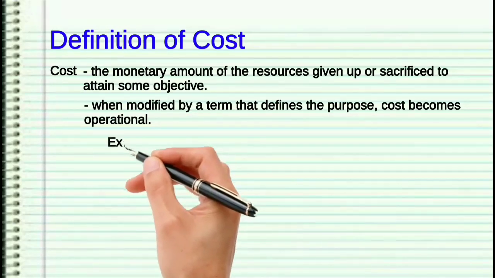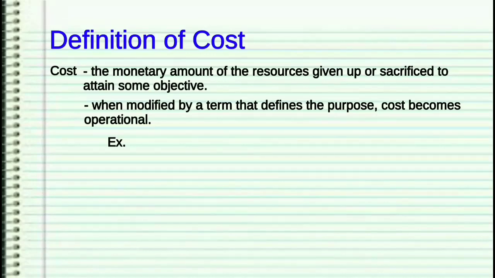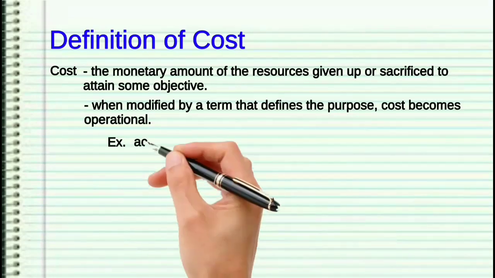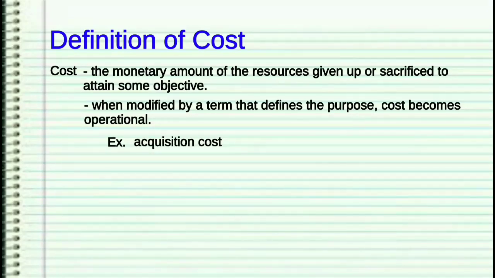For example, if your purpose is to acquire goods or acquire property, meron kang gagastusin at ang tawag doon sa gagastusin mo ay cost. In general, ang tawag ay cost, but specifically, ang tawag ay acquisition cost.